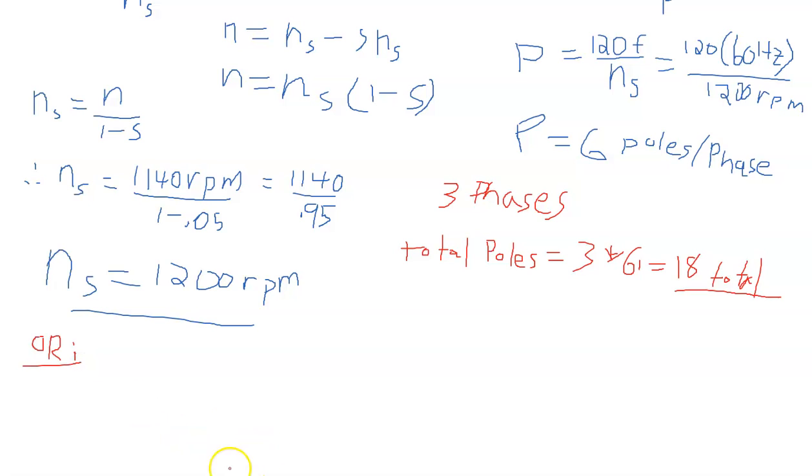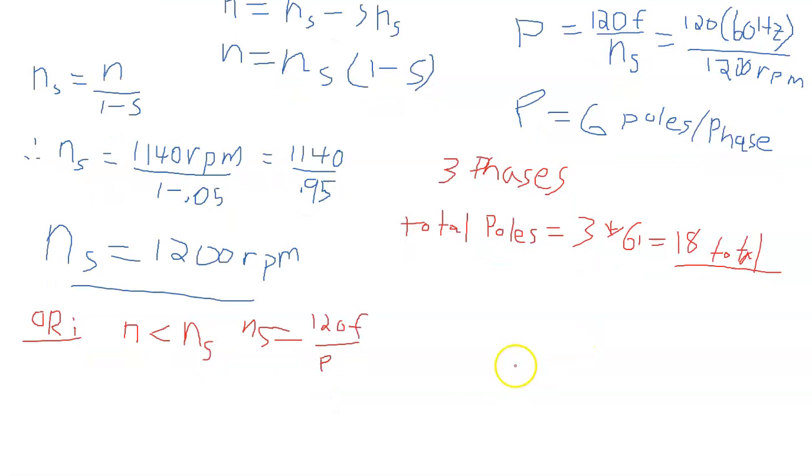But we know that generally N is less than NS, and N is what we're given here. Well, we know that NS is equal to 120 F divided by P.